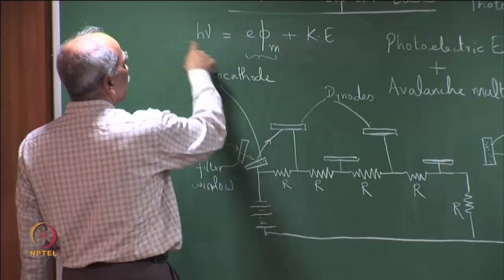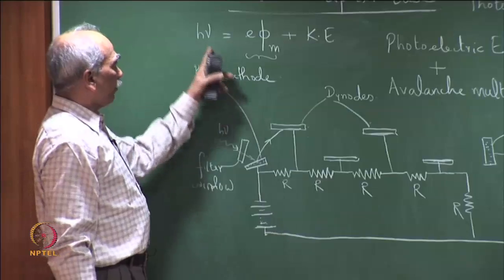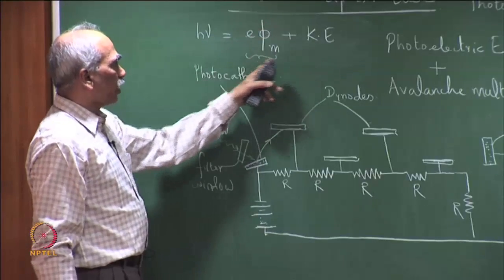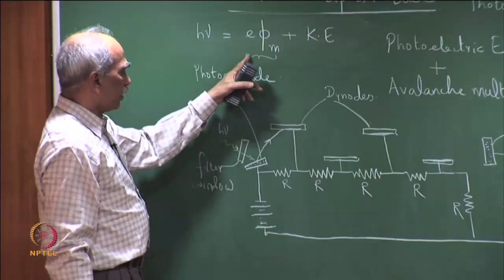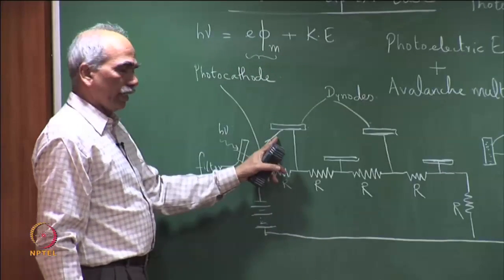If h nu, the energy of photons incident on the photocathode, is greater than the work function, then an electron with this much kinetic energy is released.